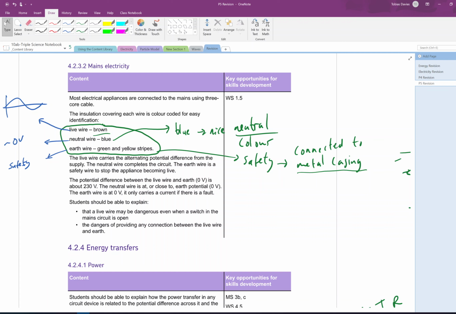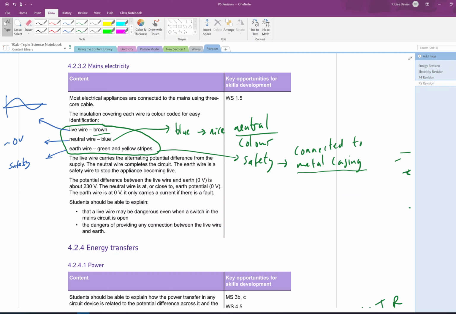So electrons, when they're at a higher energy, some higher potential difference, they just want to relax, chill out, spread out. As they spread out, that's a lower energy state for them to be in because they all repel each other. And in the ground, or the earth, they can physically spread out.